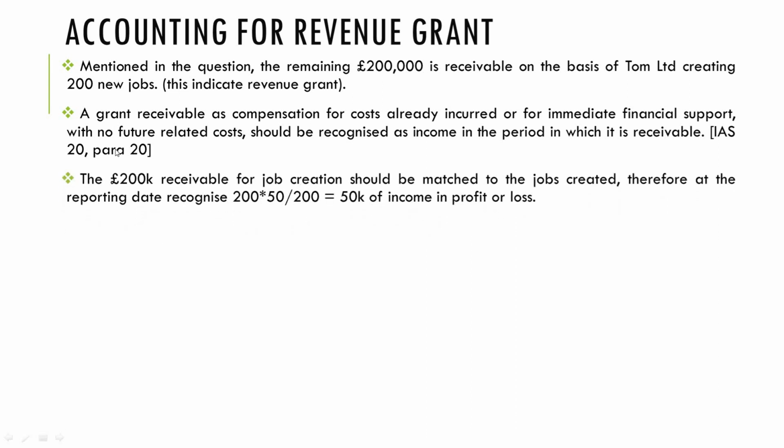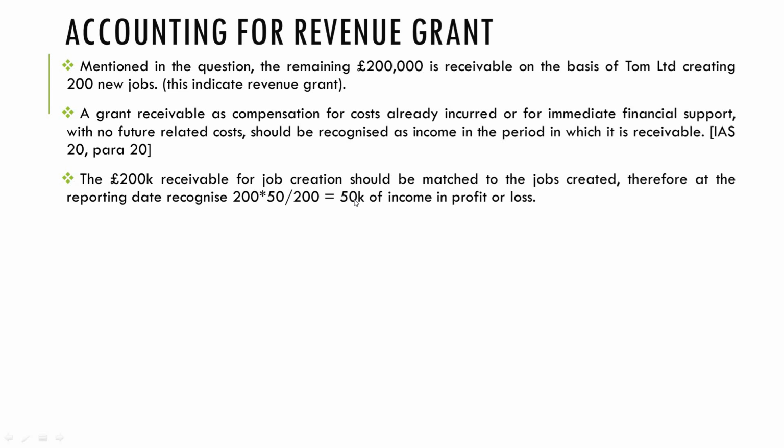Alright, so in this case, 200,000 pound is given to create 200 new jobs. But as of now, Tom has only managed to create 50 new jobs. So you have to match this 200,000 pound with the 50 new jobs created. So meaning that you can only recognize 50,000 pound, instead of recognizing all 200,000 pound.